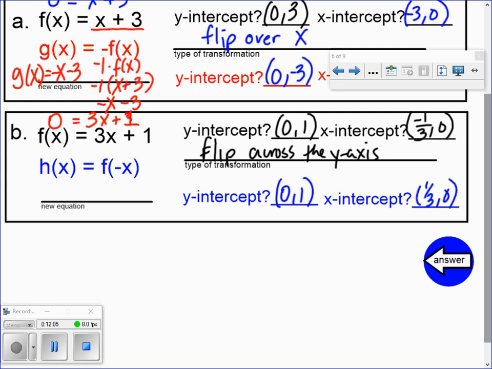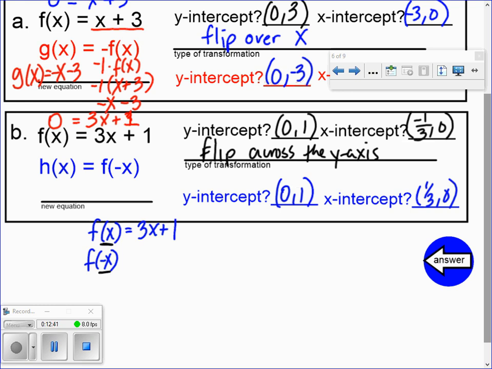And then we want to make sure that we can find the new equation without using the graph. So we have f of negative x. Remember that any time the change is happening inside, it's wanting us to evaluate f of x for whatever's inside the parentheses. So f of negative x is saying take f of x and evaluate it for negative x.